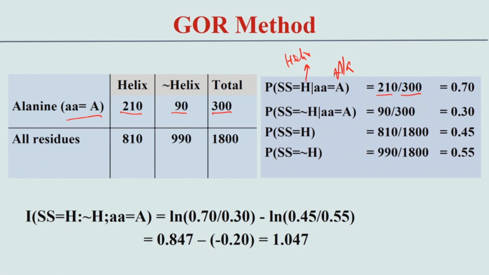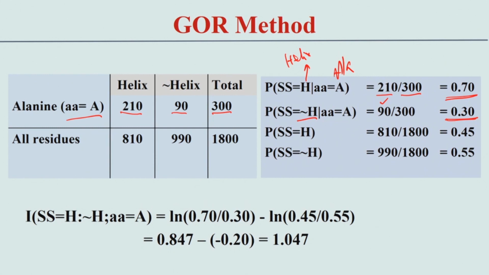So, you can calculate the ratio, this will be 0.7. Then take the same residue alanine which is not in helix, the negation. How many alanines are not in helix? 90. So, 90 divided by the total 300 residues gives the probability of alanine not in helix, that is 0.3.